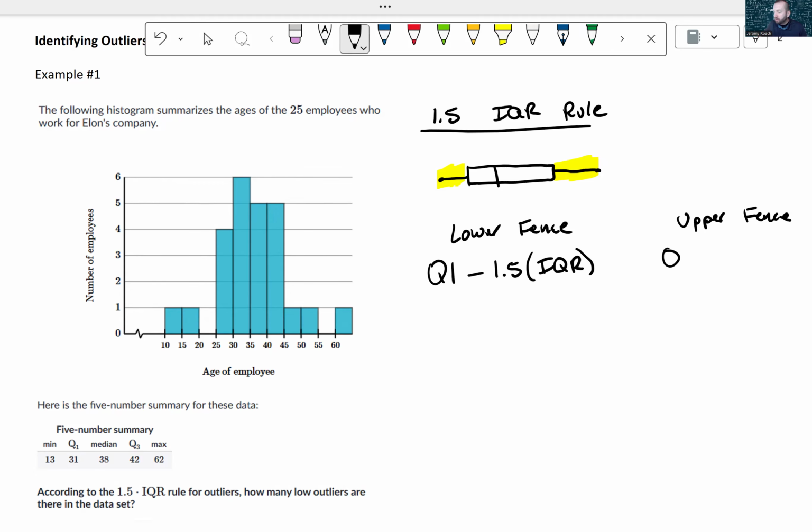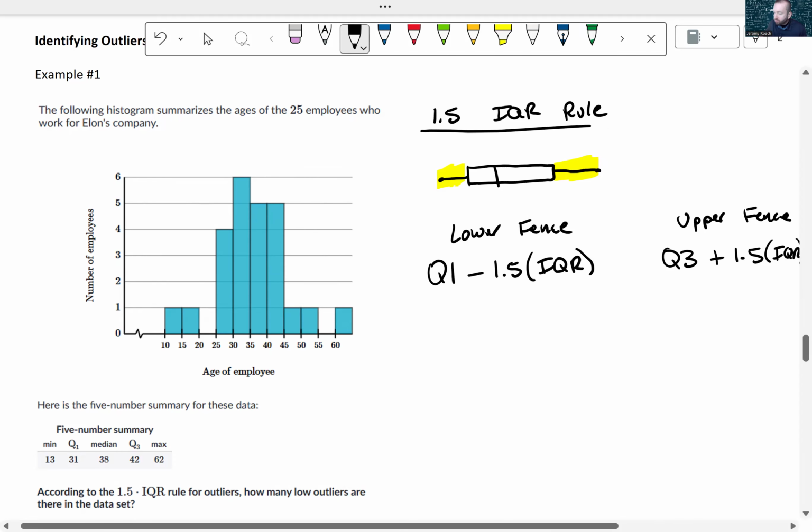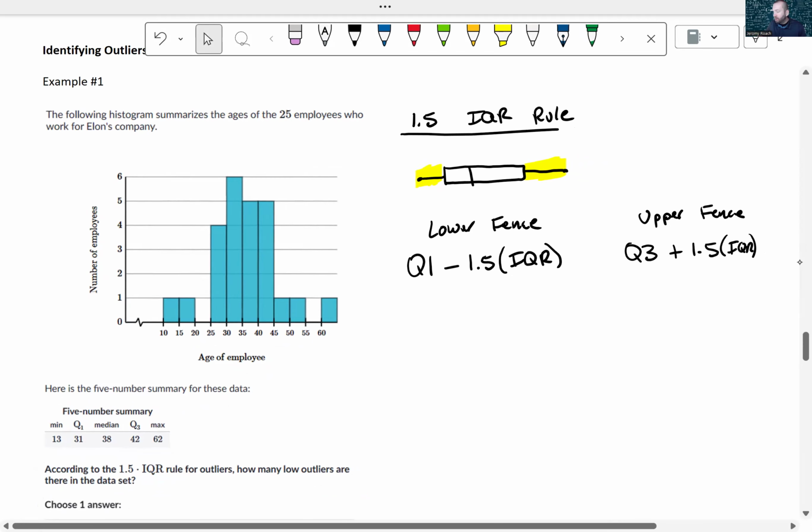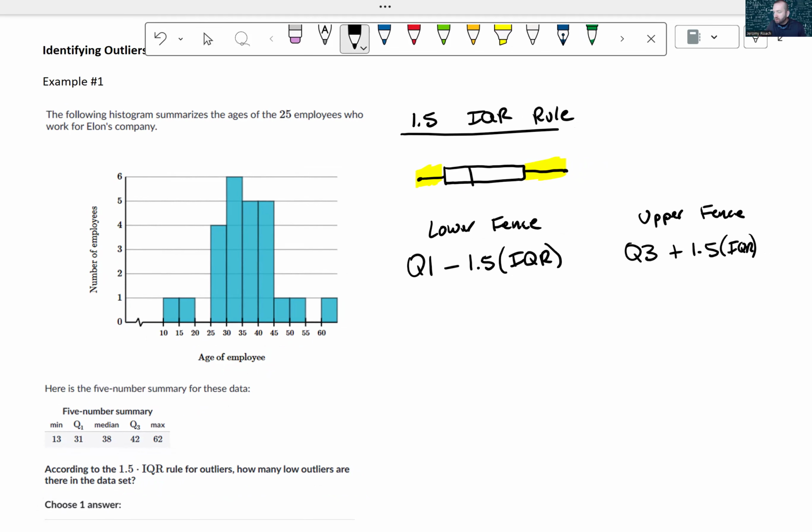For the upper fence, very similar, but it's Q3 plus 1.5 times the IQR. And the reason we're adding is because we're figuring out what's going to be above Q3. And when we subtract for the lower fence, we're figuring out what's going to be below Q1. So that's why those equations are slightly different.